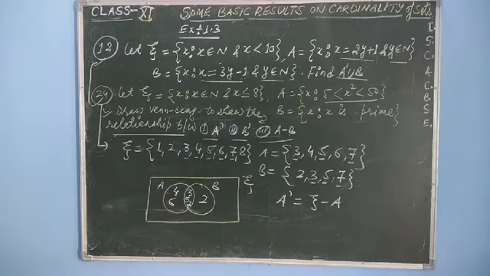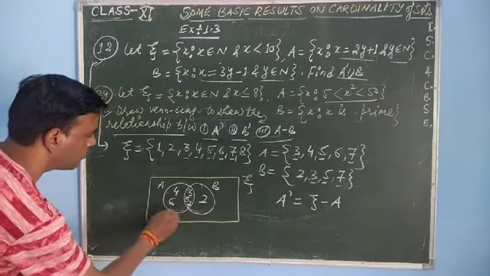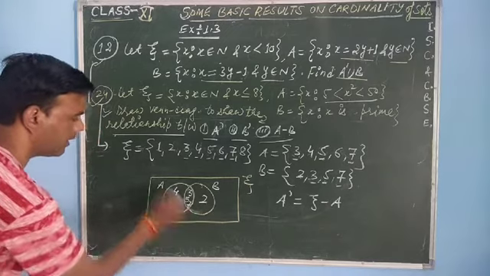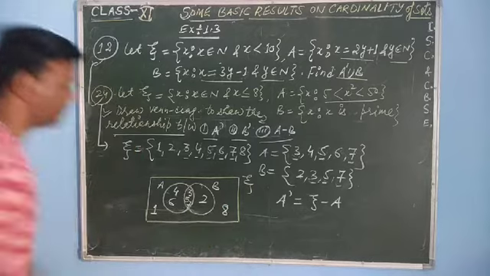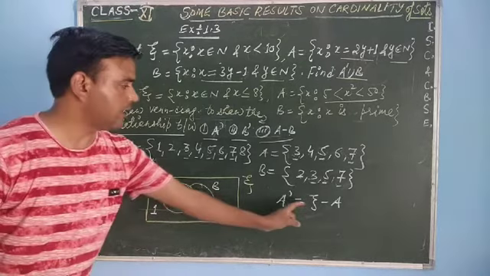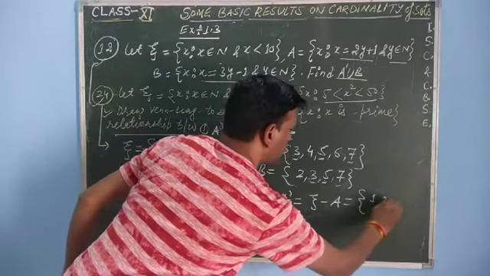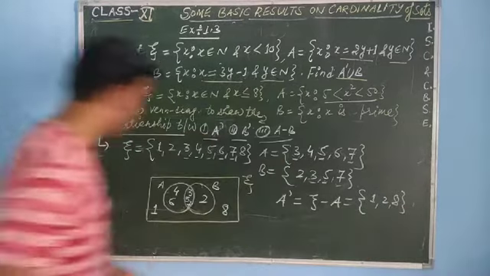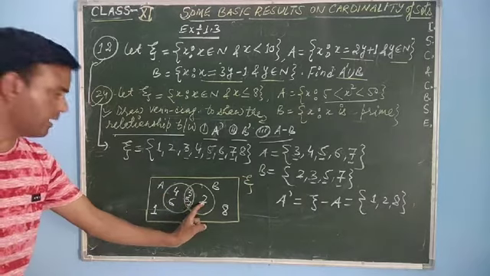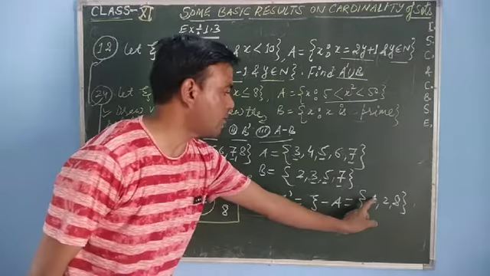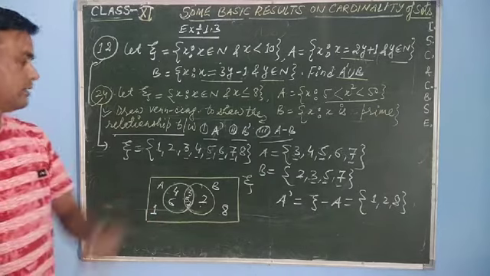So elements 1, 2, 8 will be outside A. The complement of A is E minus A, and that is 1, 2, 8. From the Venn diagram, 2 is already outside A, so only two elements are left which are outside A, 1 and 8. We can write 1 and 8 here, outside A, in this way.